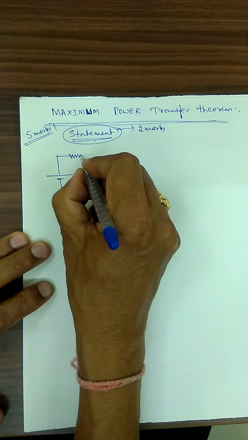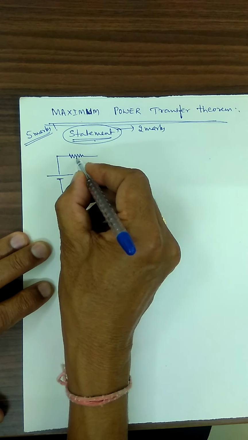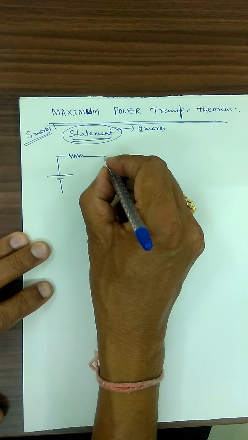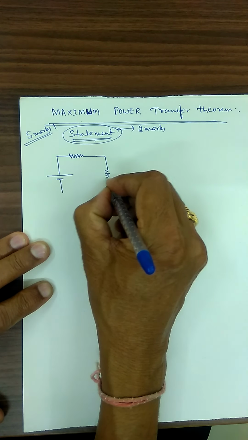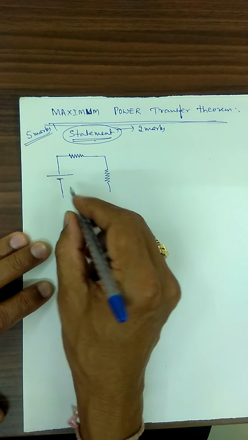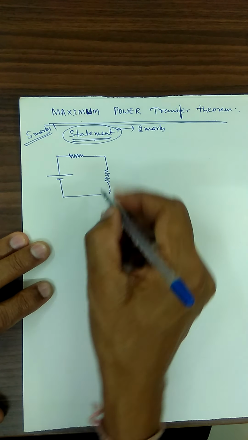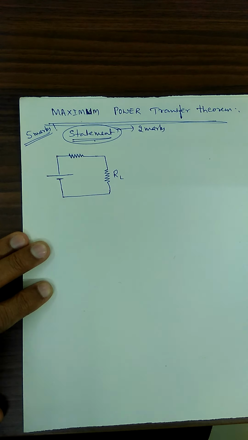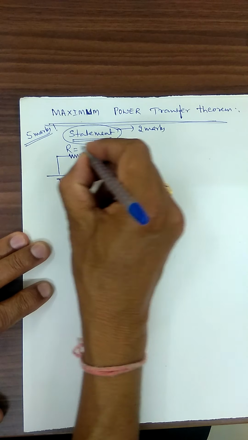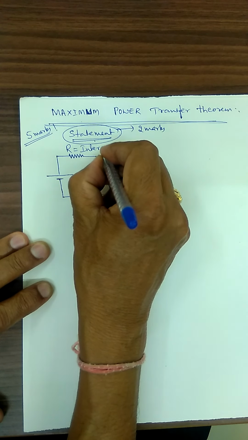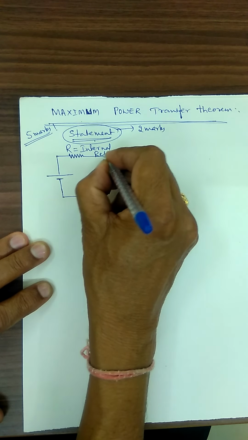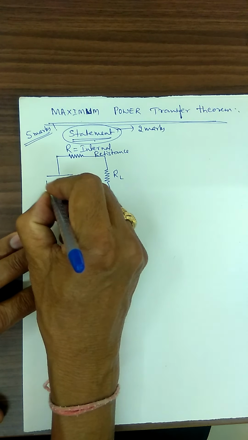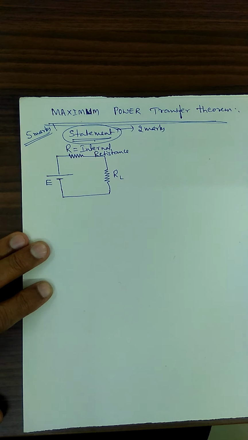This has a resistance which is the internal resistance of this source, whose EMF is equal to E. Between points A and B we are connecting a load resistance RL.